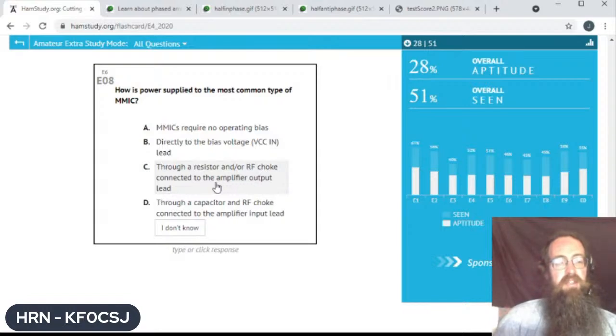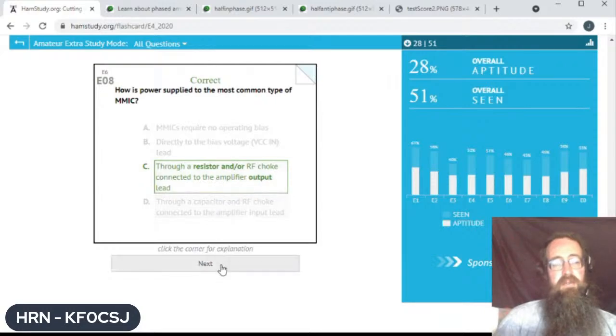D, through the capacitor and RF choke connected to the amplifier input lead. It seemed a little odd that I would think it's going to be input, but it seemed odd when I read the question. So I'm actually going to say that's the output. And yes, that is correct.